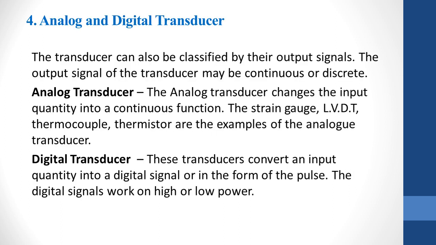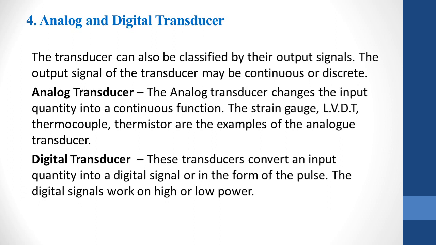Next category is analog and digital transducer. The transducer can also be classified by their output signals. The output signal of the transducer may be continuous or discrete. First one is analog transducer. The analog transducer changes the input quantity into a continuous function.